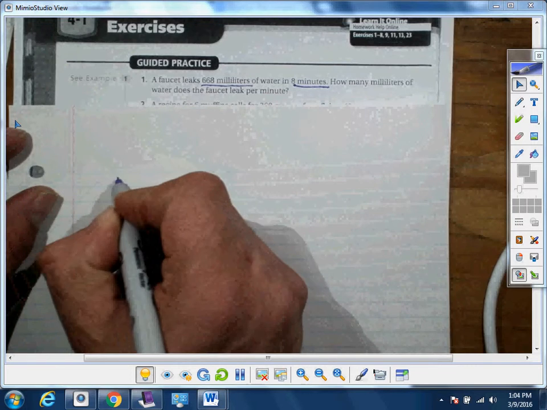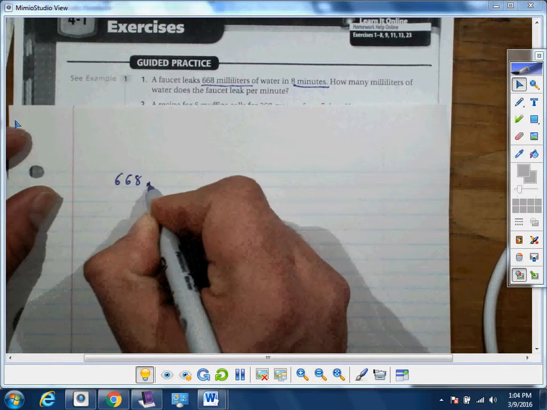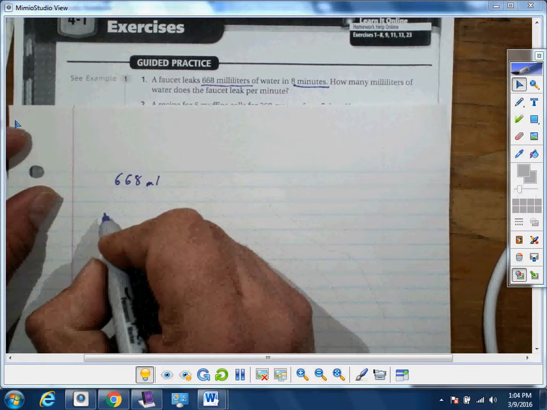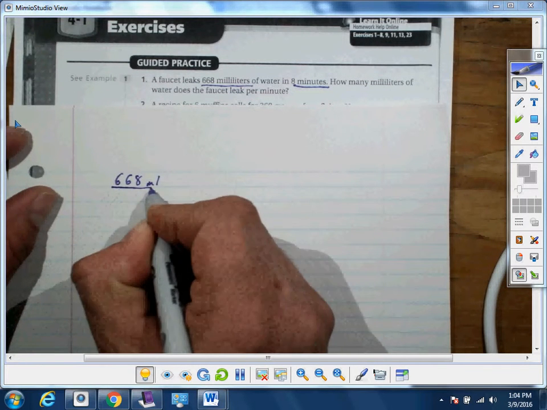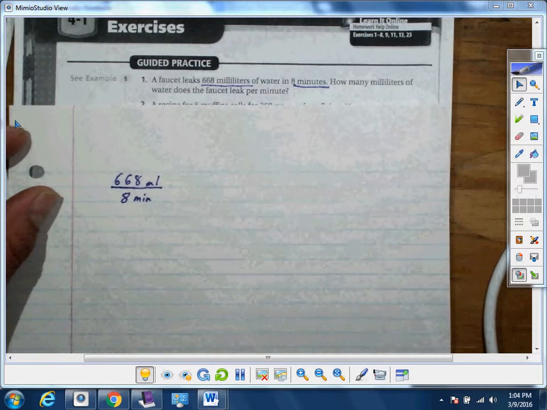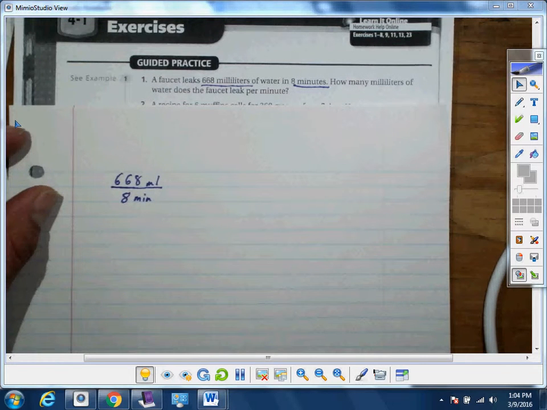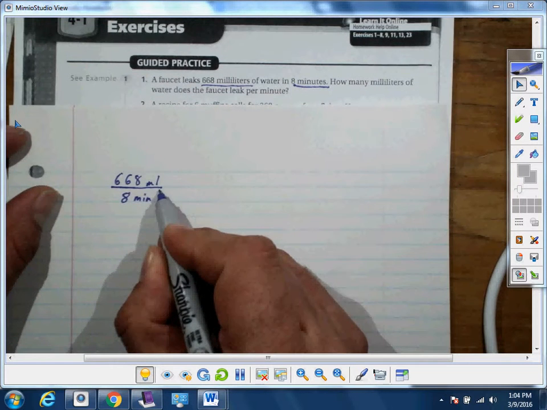I'm going to put 668 milliliters of water, and I know it leaks that much in 8 minutes. What I want to know is how much water it leaks in only 1 minute. So I'm going to set this up as a division problem, because that's what this lovely sign here in the middle means.